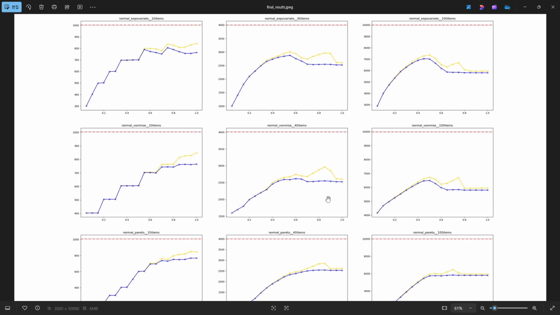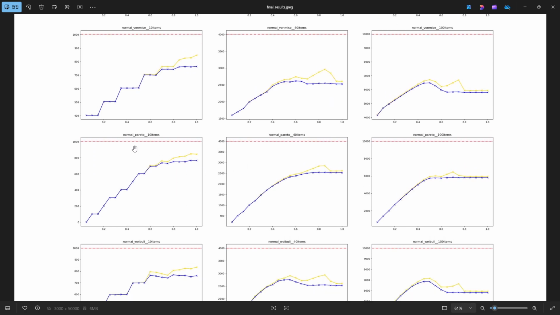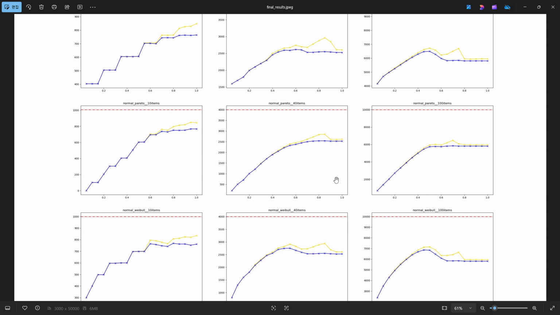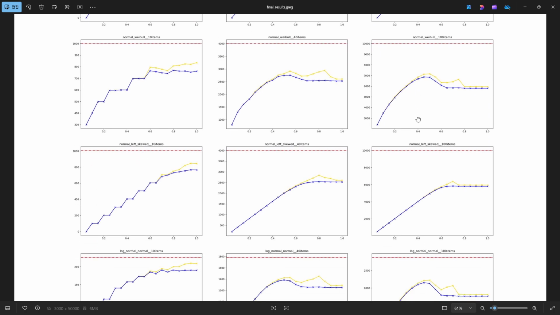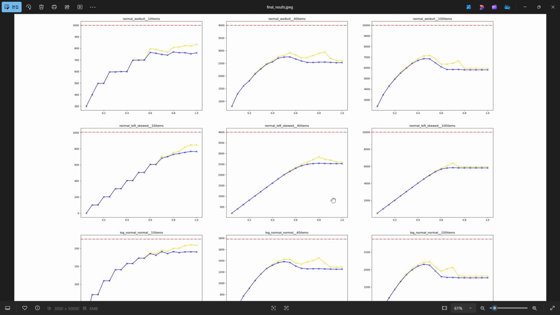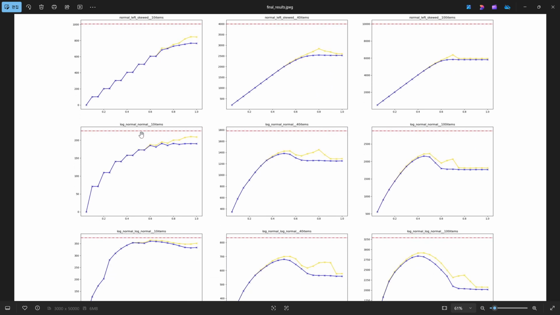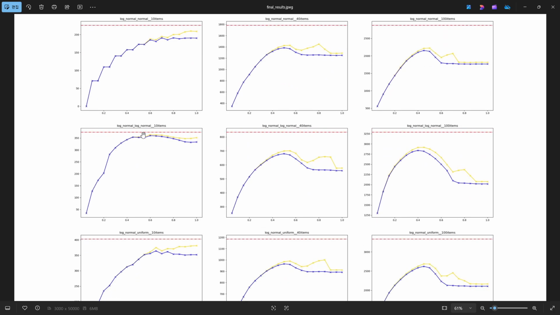Same. Yeah, and normal and Pareto, same. Normal Weibull, same. Normal left skewed, same. Normal log normal, same.